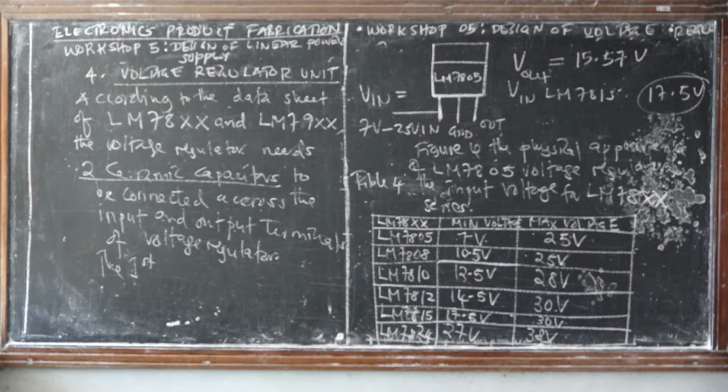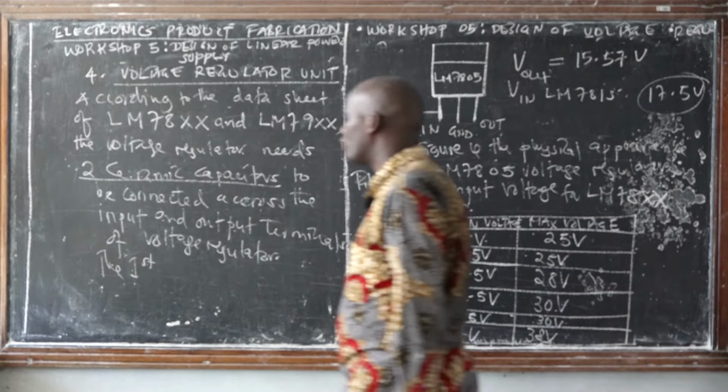The first task of the first ceramic capacitor is to remove the inductance of the unregulated signal, and the second one is to increase the stability of the voltage regulator.